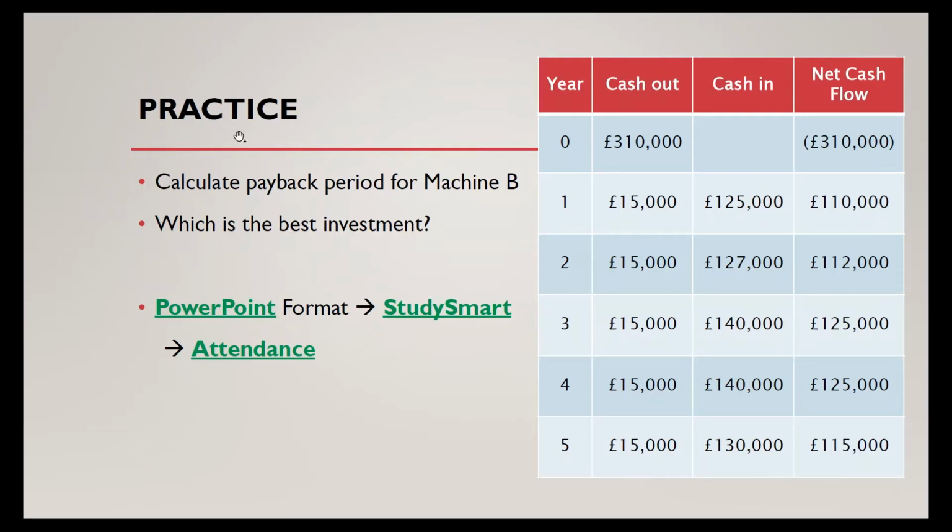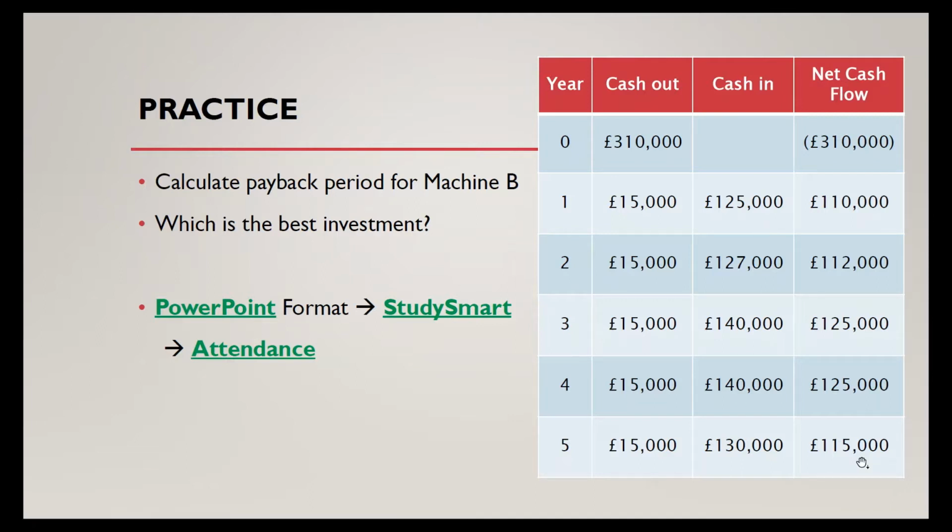In the last video, we learned how to use the payback method and we tried one of the example calculations. We ended the video with a practice question, and in this video we are going to answer the practice question.